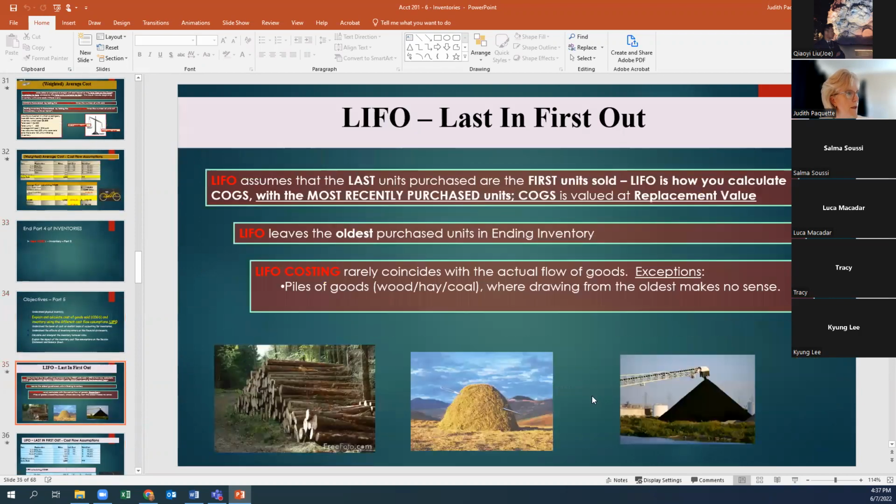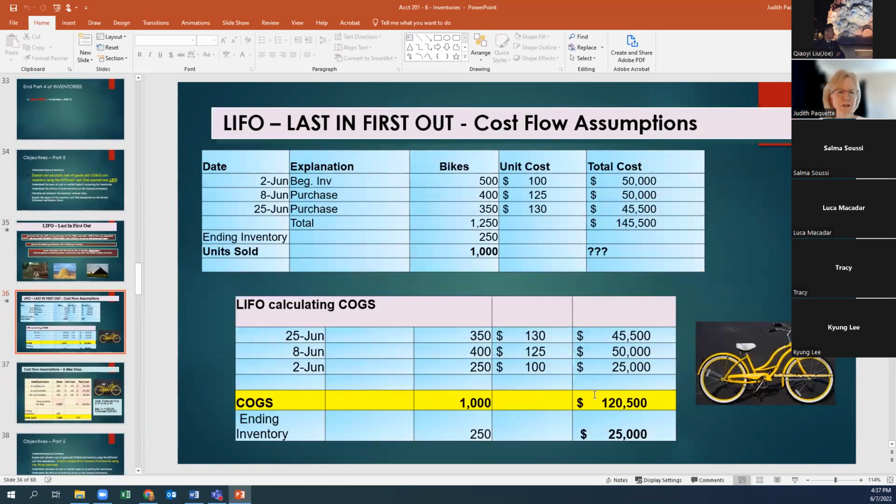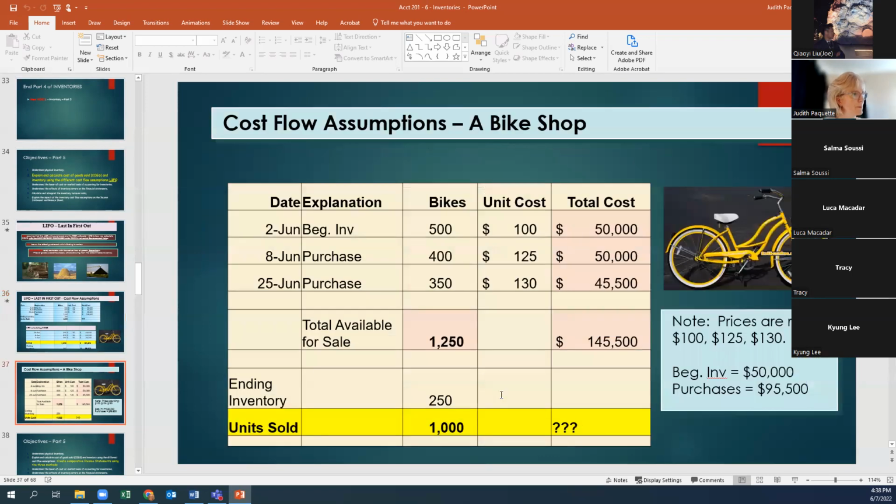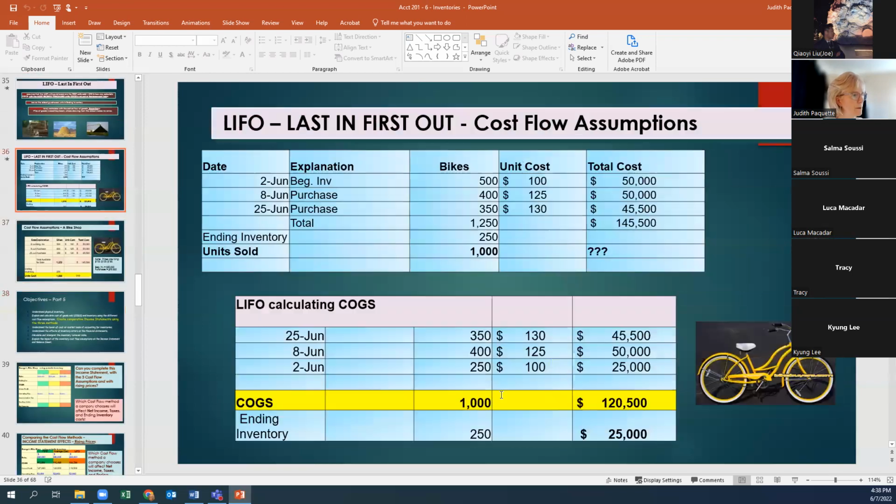Okay. And finally, last in, first out, which is a very odd method, but it's very popular, so we use it. Again, same information, 145,500, 1,250 bikes. When I calculate cost of goods sold, I work at the most recent purchase and I work backwards.